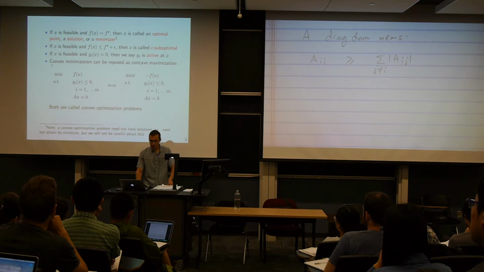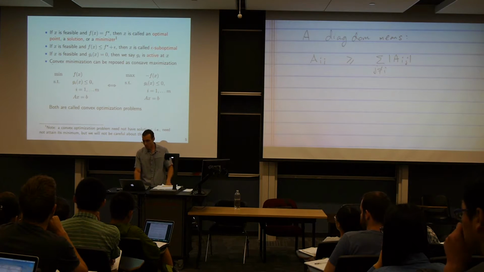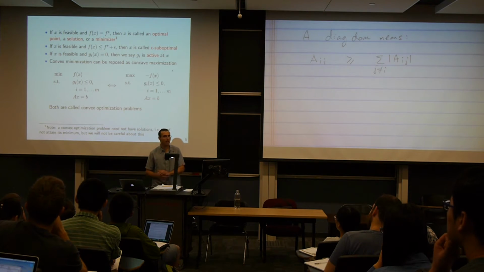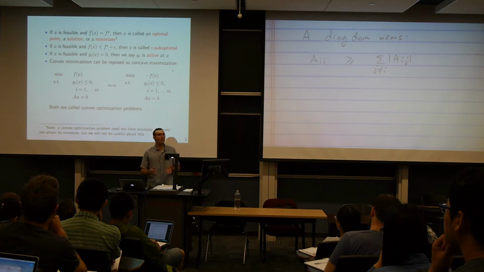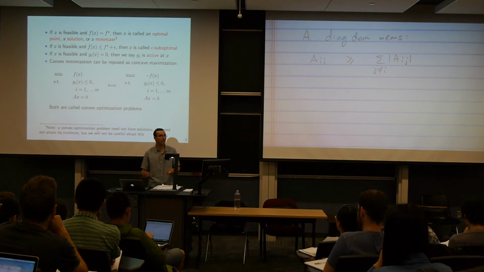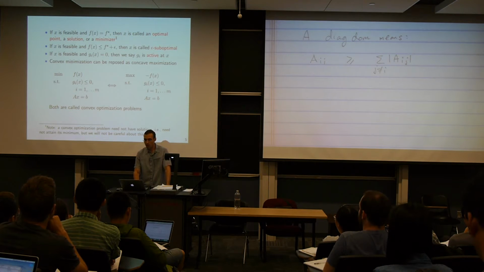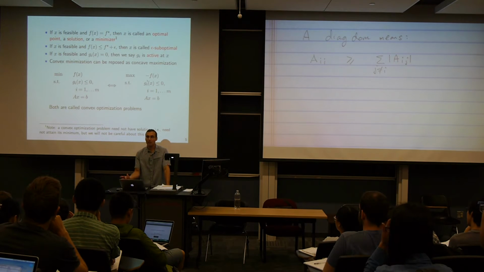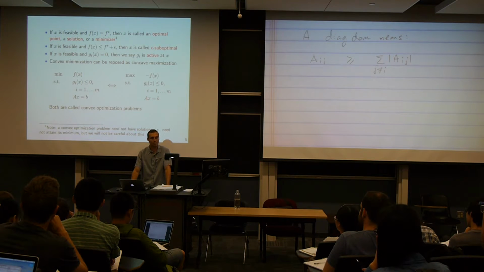And lastly, this one is important because I will very seldom be clear about this distinction from now on. I'll use the term convex optimization problems to refer to both convex minimization problems and concave maximization problems. It's because they're equivalent, right? If I asked you to solve this problem, minimize a function f of x subject to all of these constraints, it's equivalent to maximizing the negative of the function. You can convince yourself that's true from first principles.